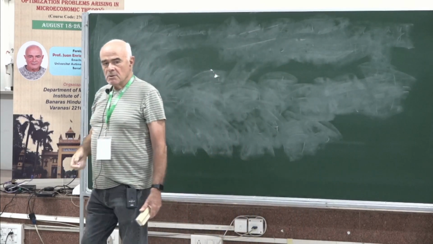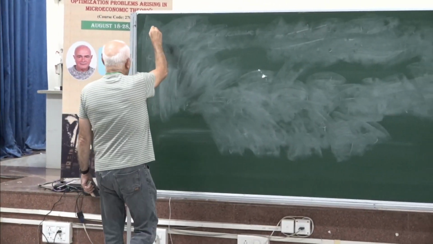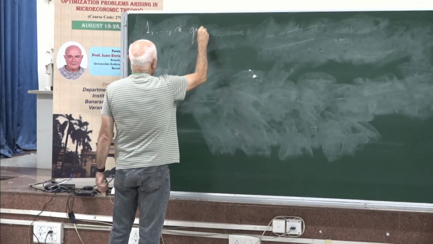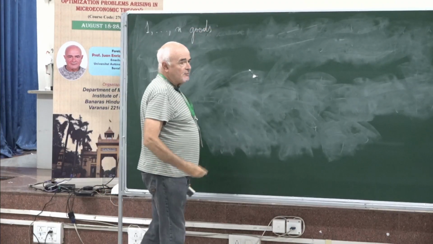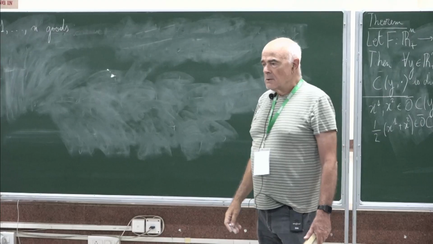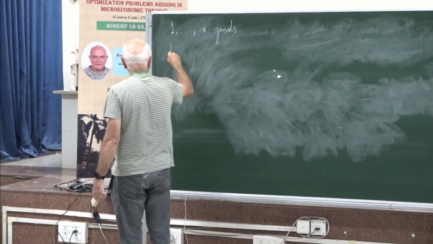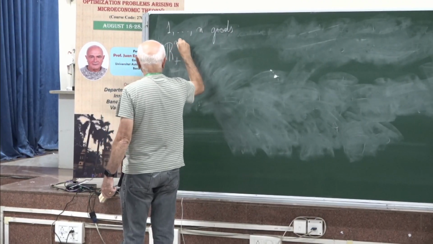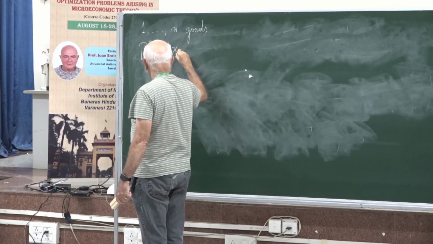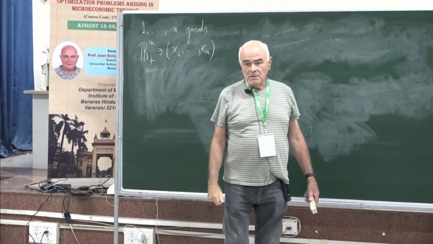So in this consumer world, there are n goods available, and different types of goods. And the consumption space, or the consumption set, is R plus n. Its elements, x1, ..., xn, are commodity bundles.